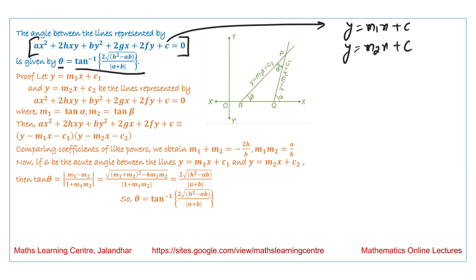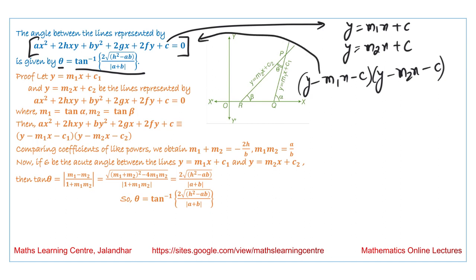By comparing the coefficients, the joint equation we have is (y - m1x - c)(y - m2x - c). When we multiply these values and compare it with the given equation of degree 2, we will obtain that m1 + m2 = -2h/b, and m1 m2 = a/b.